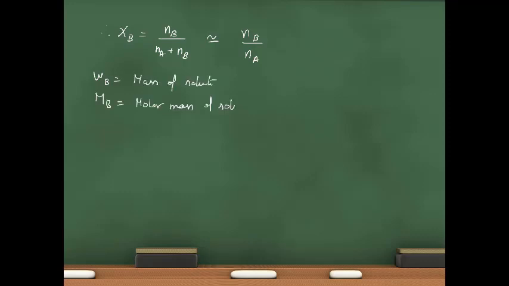Therefore, Xb, which is equal to Nb by Na plus Nb, is approximately equal to Nb divided by Na. Now, if Wb is the mass of solute and Mb is the molar mass of solute, then Nb is equal to mass by molar mass.